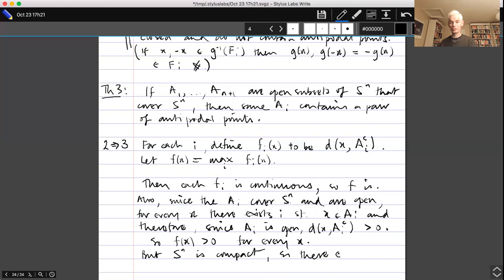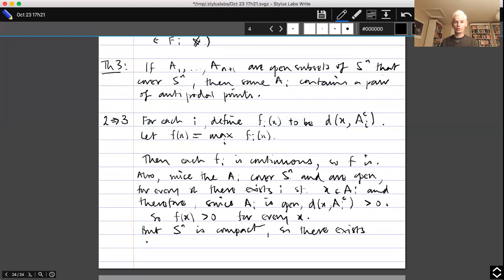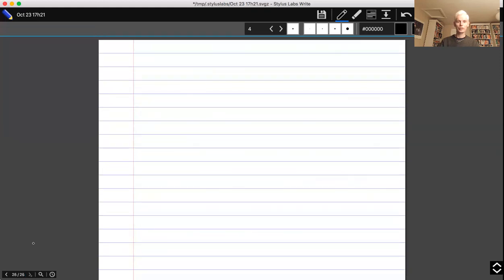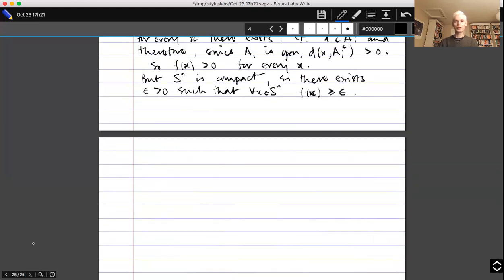So there exists some epsilon greater than 0 such that for all x in Sn, f of x is greater than or equal to epsilon. In other words, f is bounded below by a positive real number.